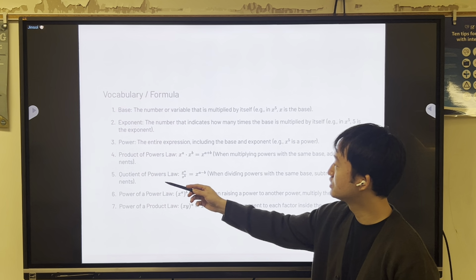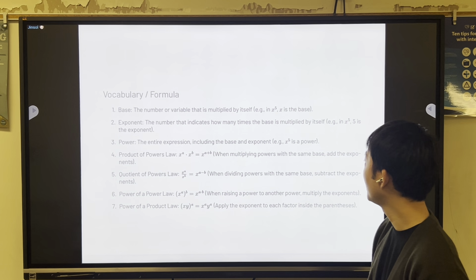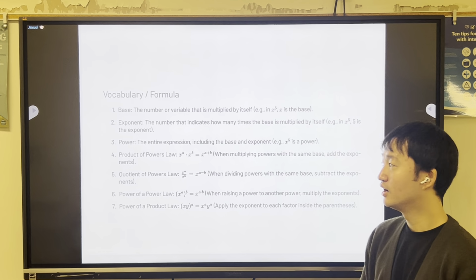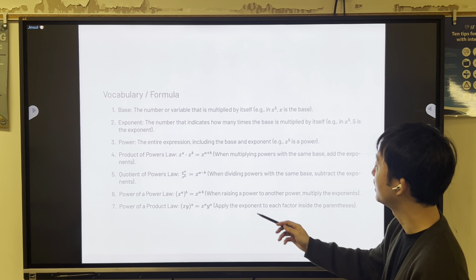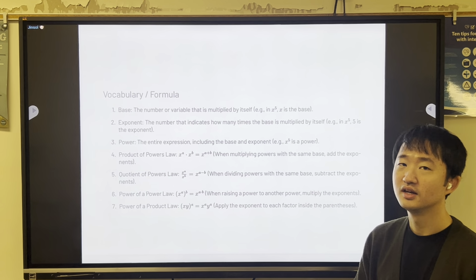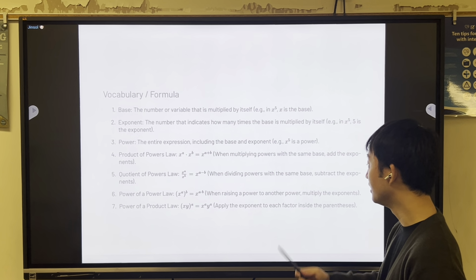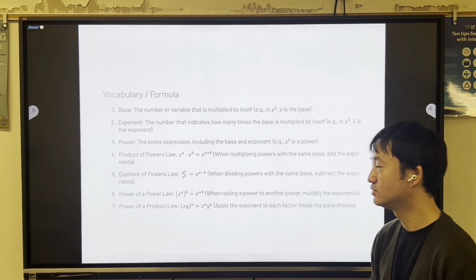And we have all these rules. The product of powers law means when multiplying powers with the same base, we add the exponents. The quotient of powers law tells us when dividing powers with the same base, we subtract the exponents. The power of a power law says when raising a power to another power, we multiply the exponents.